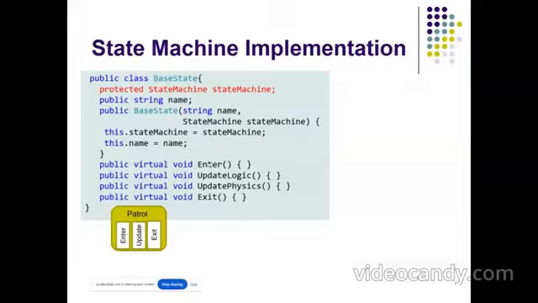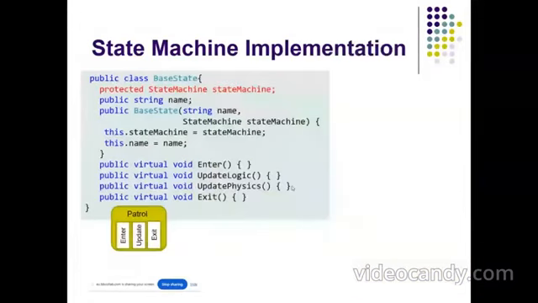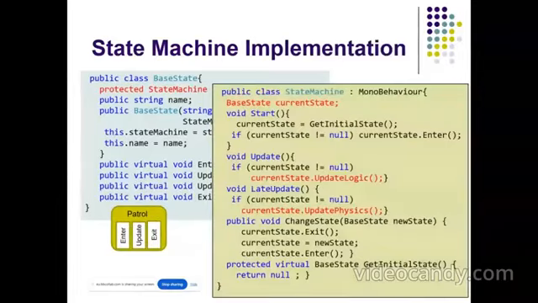So if it happens that you added code here, it will execute at the beginning, because enter means what code you want to run when you enter the state. Now update, the same thing, where you can update the logic. You'll see it here also. Update logic.